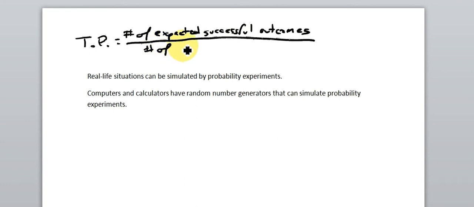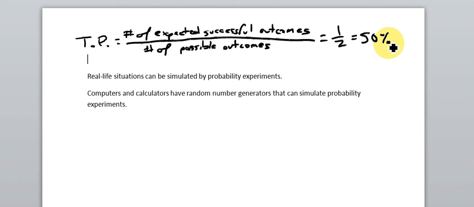When you flip a coin, there are two sides, so there are two possible outcomes. So the theoretical probability of flipping a head is 1 over 2, which we can also express as 50%. Simple stuff, right? Okay.